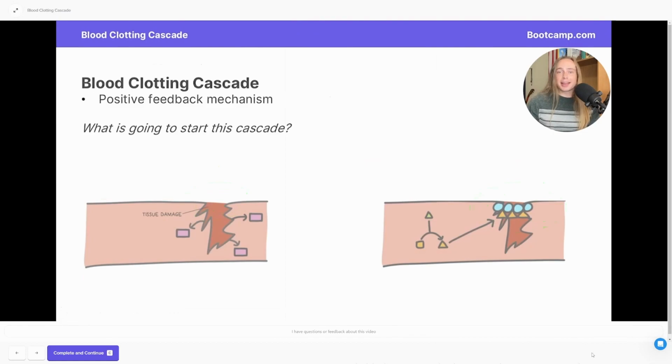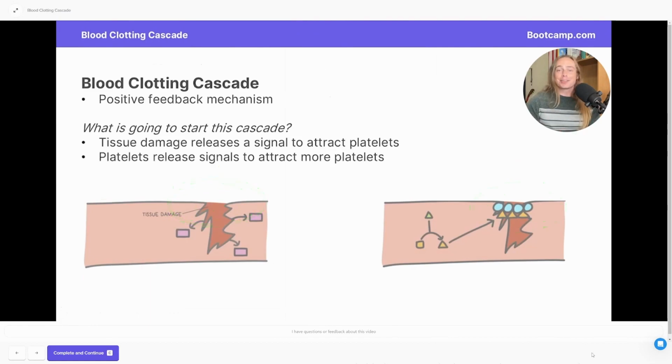The blood clotting cascade is a positive feedback mechanism, which, if you remember, implies that the product of the reaction is going to make it so the reaction takes place more. So, what do you think the main players are going to be that's going to start this cascade? Great, so the first step in this cascade is that the tissue is going to become damaged, and when the tissue is damaged, it's going to release signals that are going to end up attracting platelets.